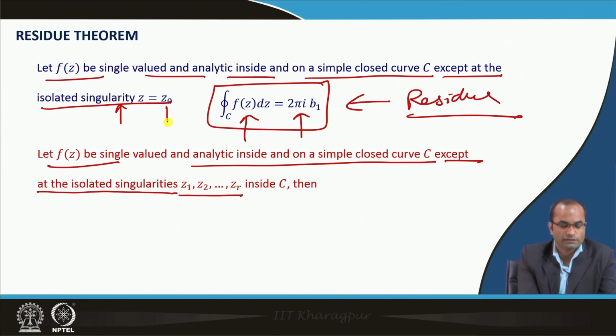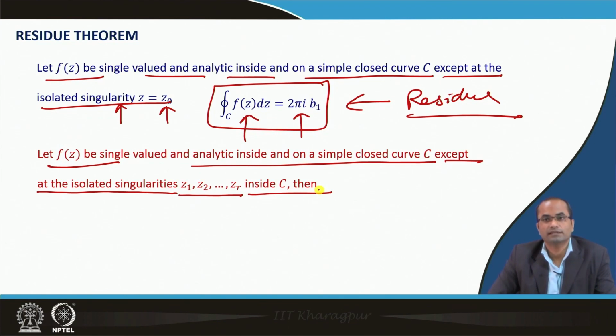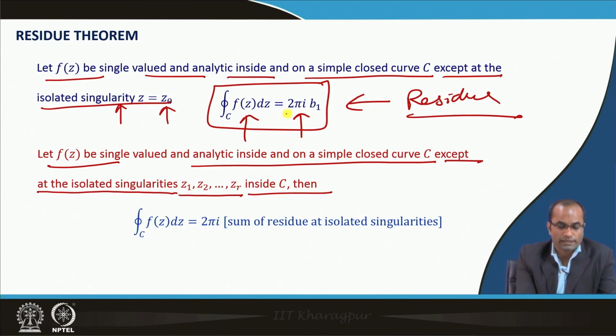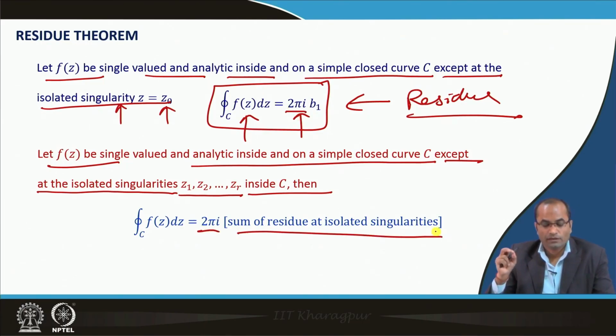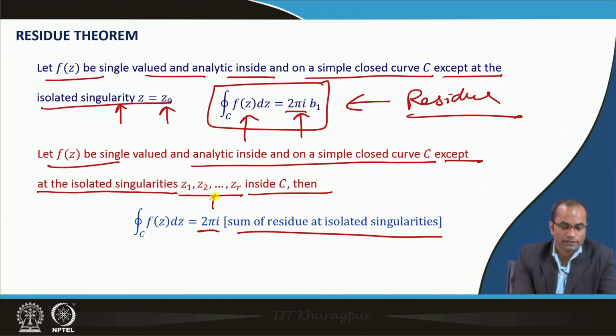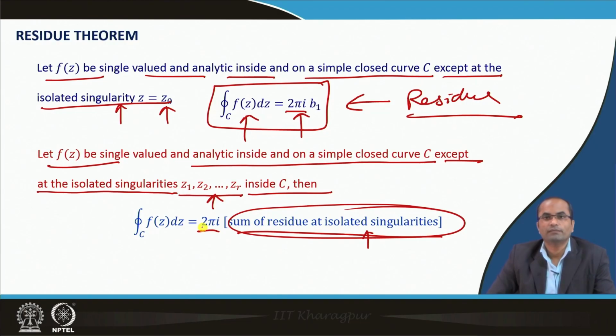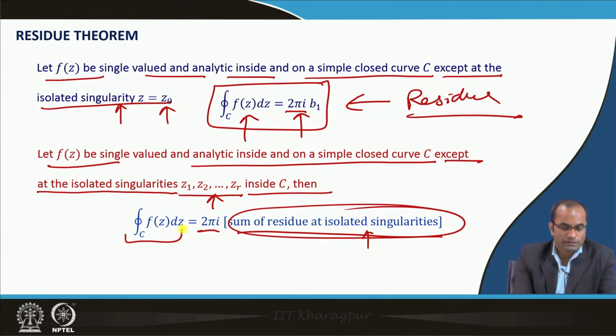So, instead of one singularity z naught, we have these r singularities inside C, and in that case the result is 2 pi i times the sum of residues at these isolated singularities. So, we have r singularities, that means we have to get these r residues, and then sum these residues and multiply by 2 pi i, and that will be the integral value over this curve which encloses all these singularities.